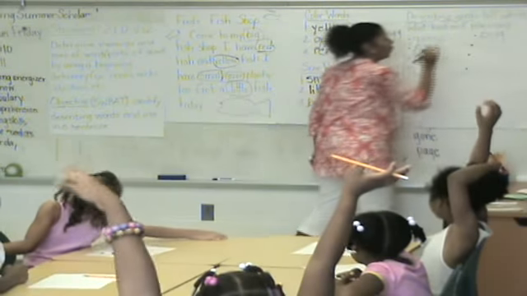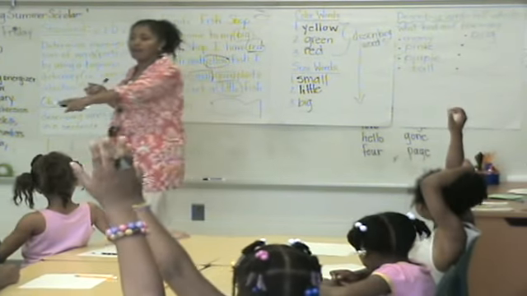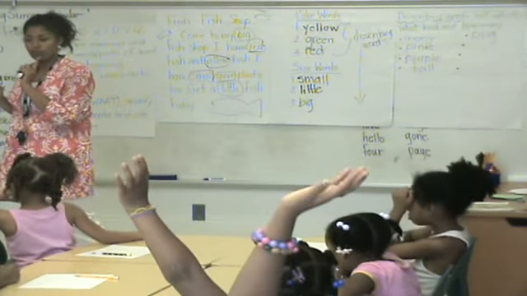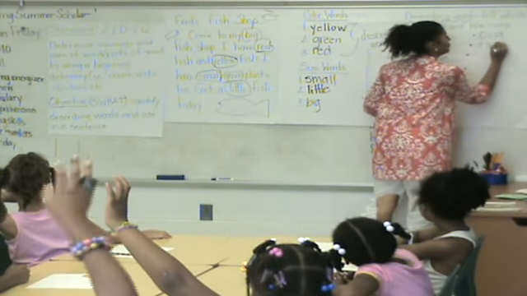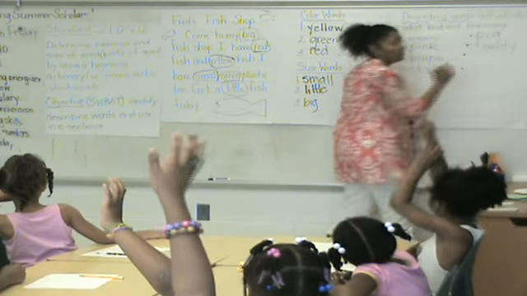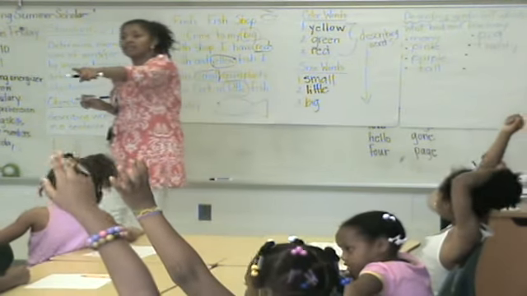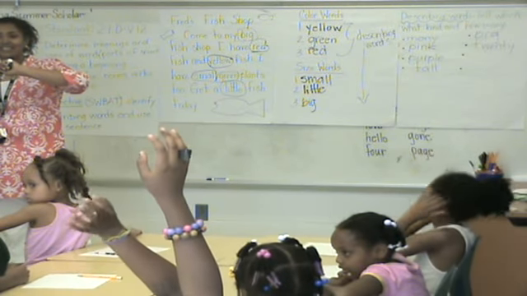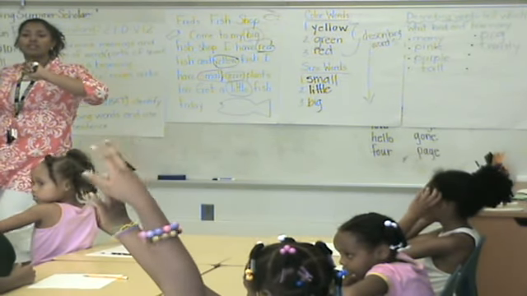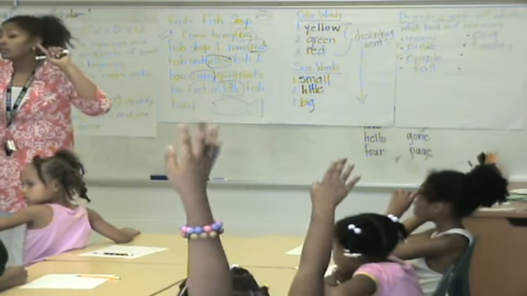Anyone else? I have three spaces. Describing word. Madison. 20. A number. Very good. Another describing word. Amelia, focus. A describing word.